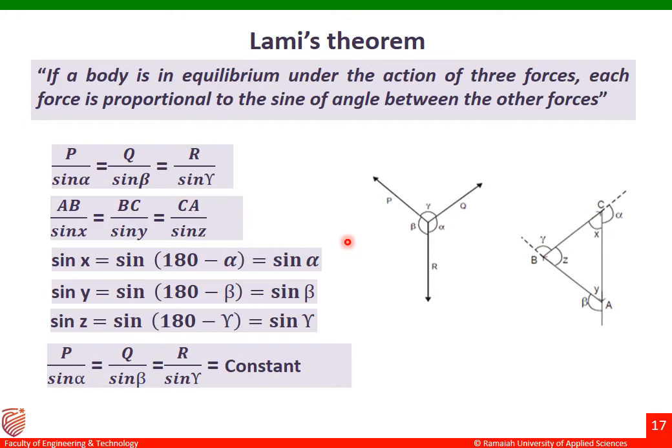Let me write the formula for this theorem. Before going to the formula, let us see the diagram for Lami's theorem. There is a point here. Lami's theorem is applicable for a coplanar concurrent system. Coplanar means all the forces are acting on the same plane, and concurrent means all the forces are acting at the same point.